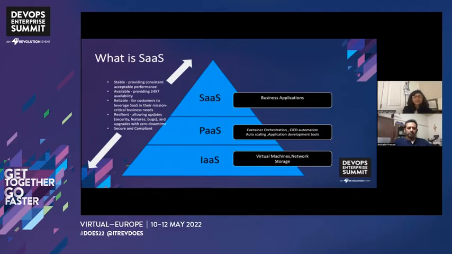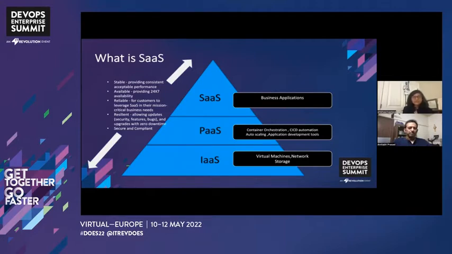As we look at SaaS, the most critical thing that gets talked about is the SLA, which is the service level agreement, that a customer needs to see how stable a SaaS is, with consistent, acceptable performance. What is the availability, the 24/7 availability of the service itself, and how reliable it is for customers to leverage that particular SaaS in their own mission critical business applications.